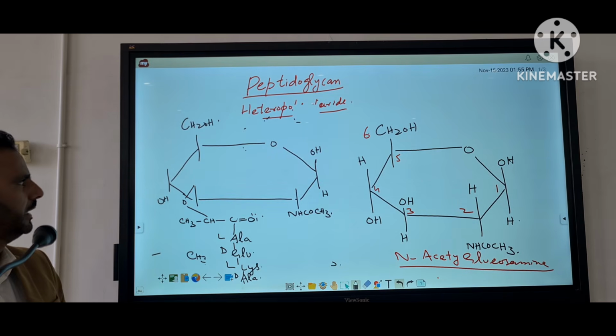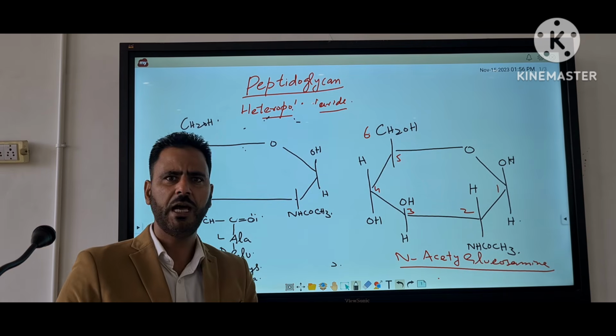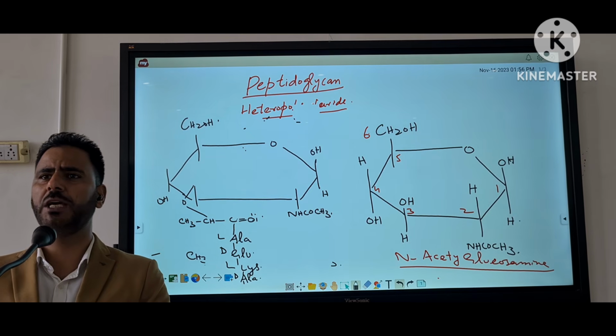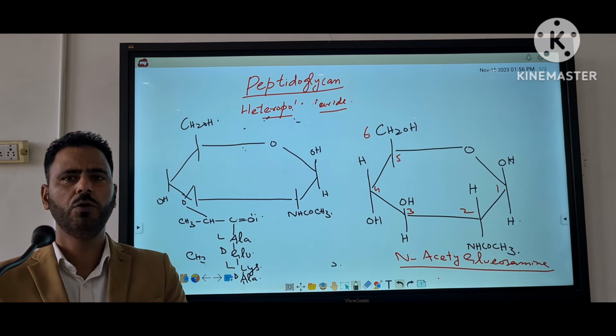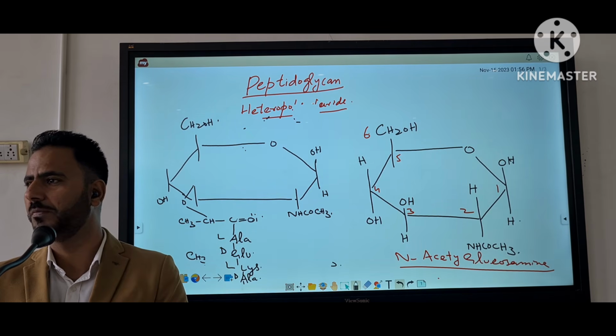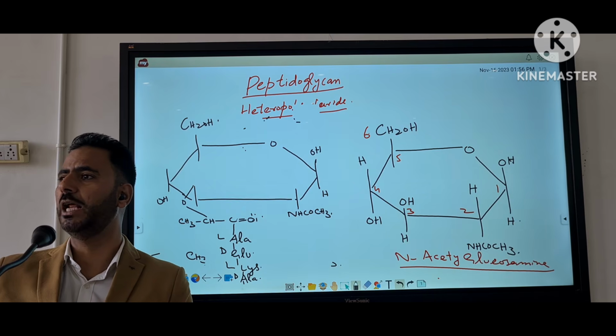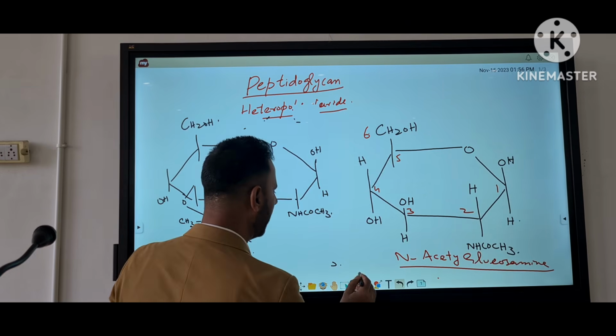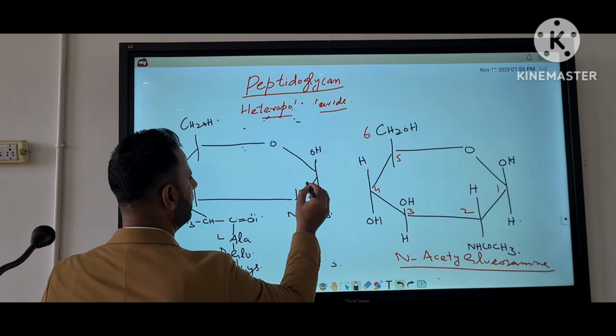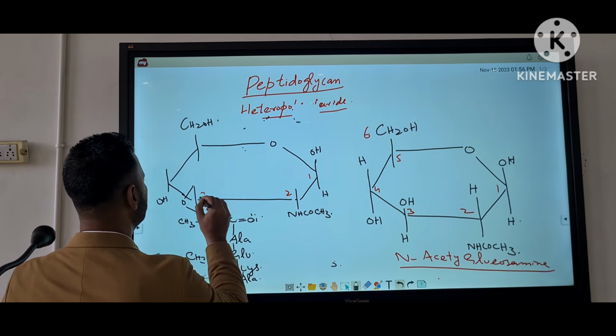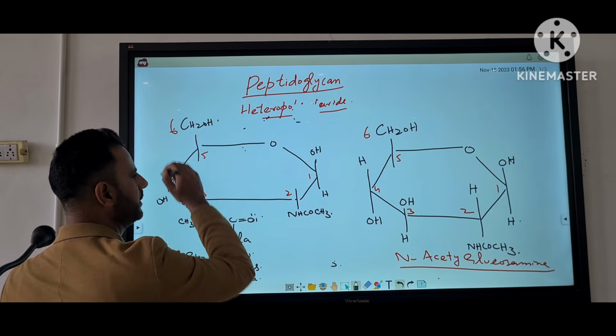This is the structure. This is beta, this is also beta. Now the linkage is glycosidic linkage between 1 and 4. It is beta 1,4 glycosidic linkage. How I will write this beta 1,4? Here, if I will make the numbering, it is 1, 2, 3, 4, 5 and 6. Alright?